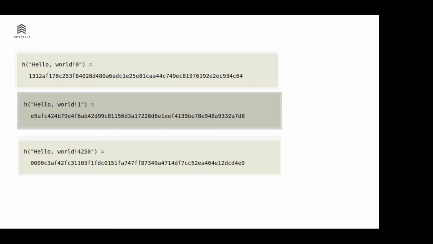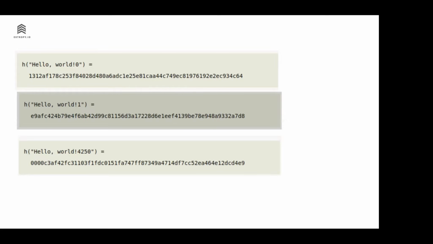Typically we represent that by talking about the number of zeros that are produced in the output of our hash function. So here you see an example, and this is really a toy example, but we have a would-be miner here who is going through, taking data from the block.